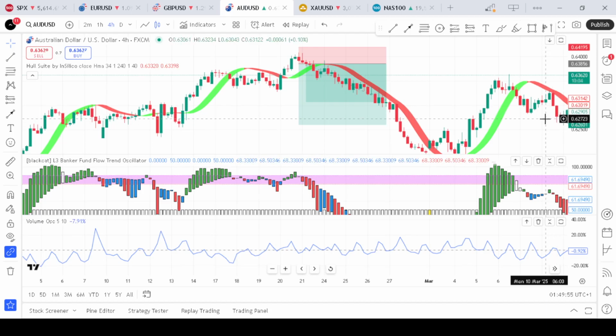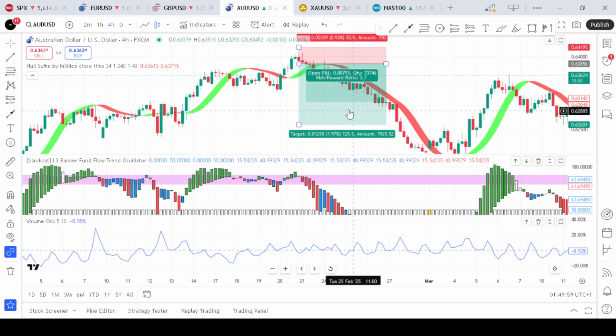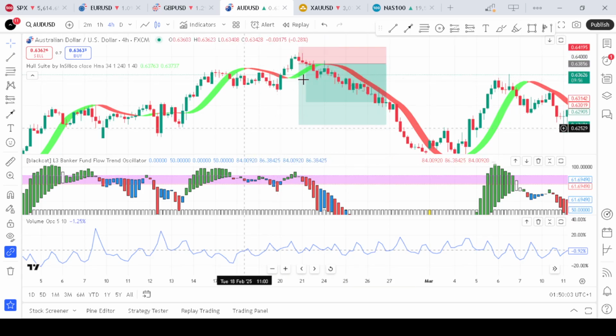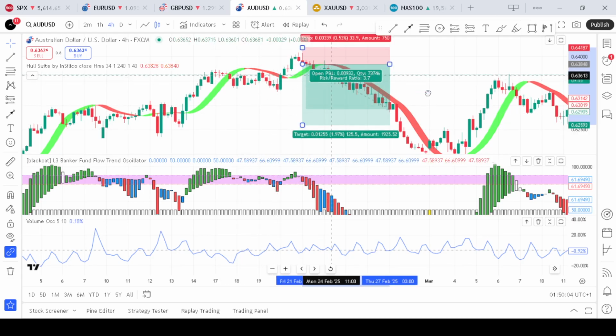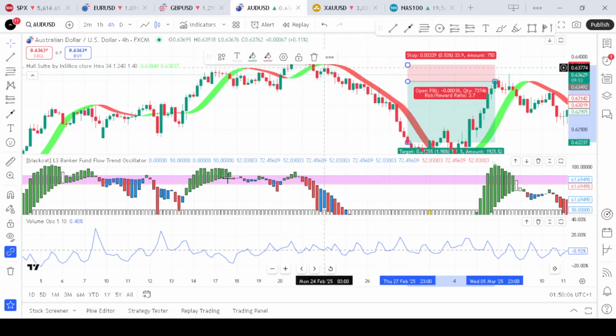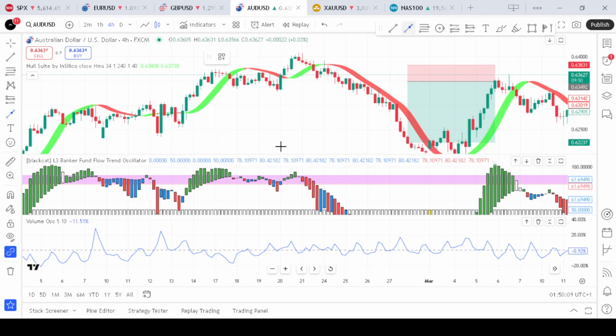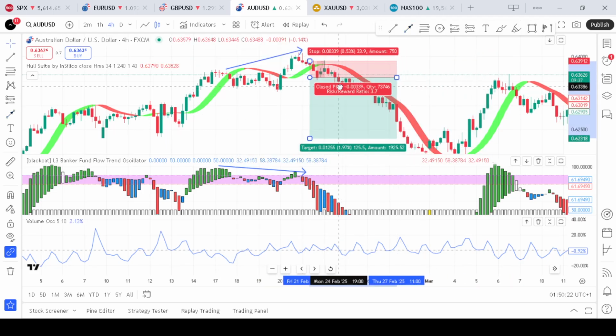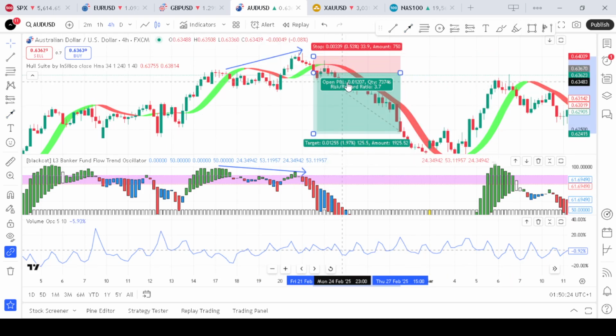So we see how to execute our trade. Once all conditions are met, we place our entries and set our stop loss. As we can see in this area, we have spotted our divergence, this was our divergence in price and with the indicator, and we would enter our sell position when price is below the Hull Suite.